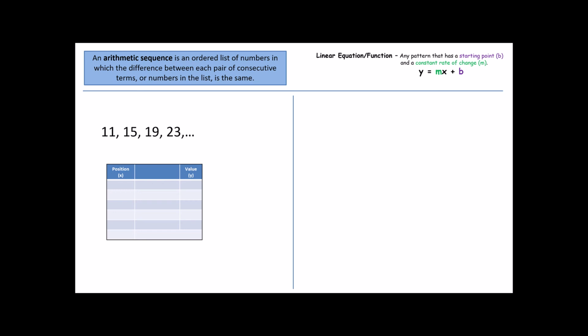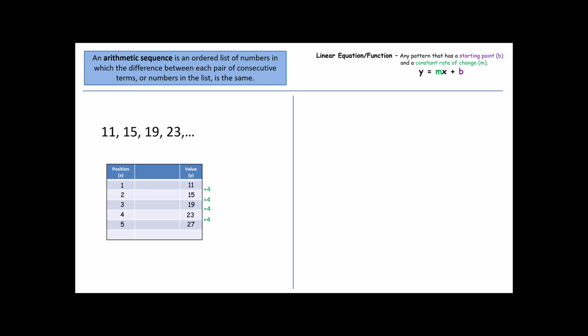Again, I have my table. The first position is 11, the second position is 15, third position is 19, fourth position is 23. I should at this point be able to predict the 5th position. Hopefully you've done that. I happen to know the 5th position is 27 because I know I'm growing by 4 every time.